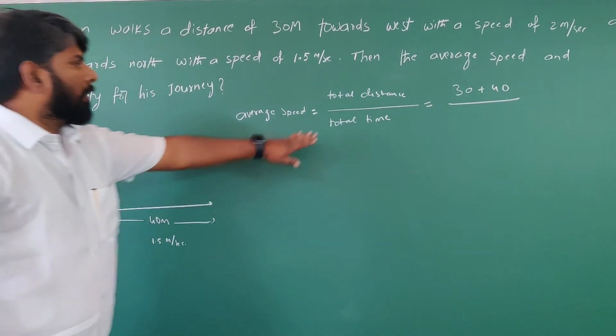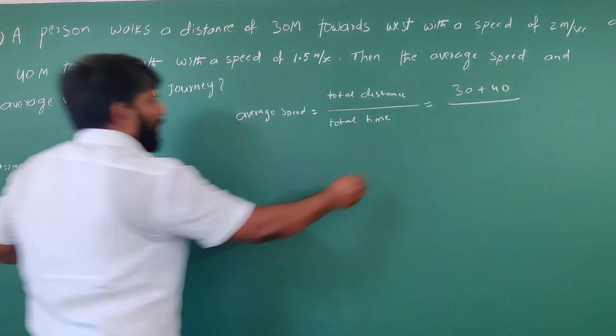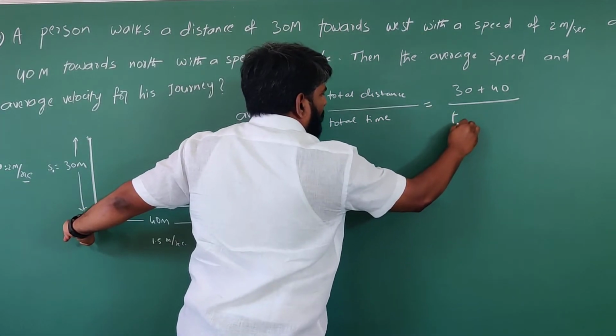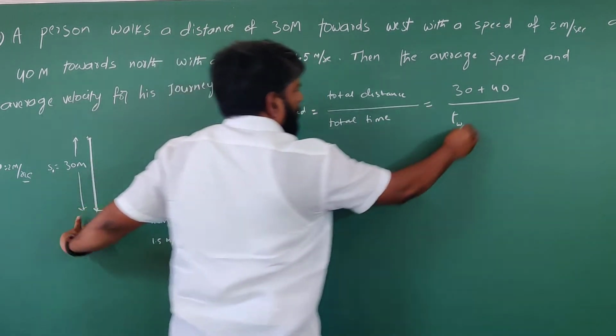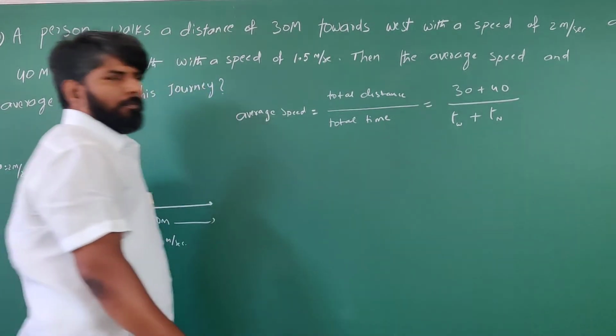Now total time. For the 30 meters west, how much time? They didn't mention it directly, that's why observe here. I am taking the total time as time taken to travel along west plus time taken to travel along north.